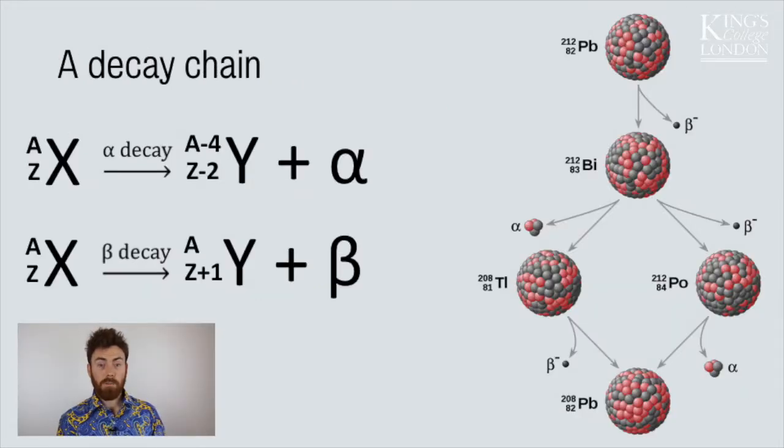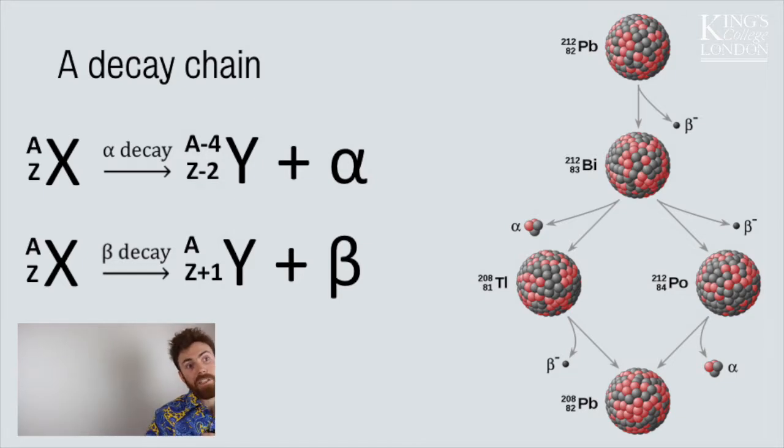Okay, so let's return to the decay chain that we had a look at on the very first slide of this video. Have a look at the slide. Here you can see that at the top we've got lead-212. So lead containing 212 nucleons in its atomic nucleus, 82 of which are protons.